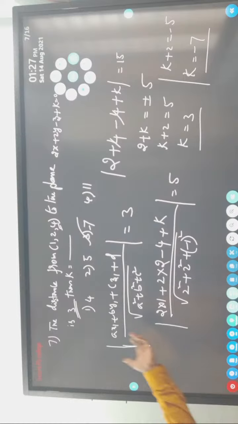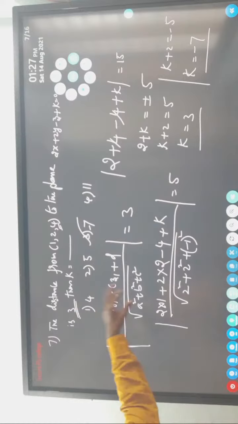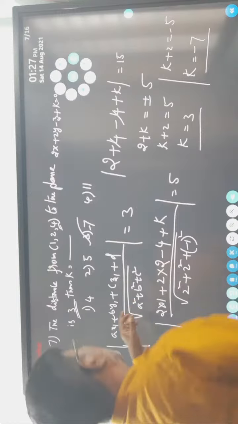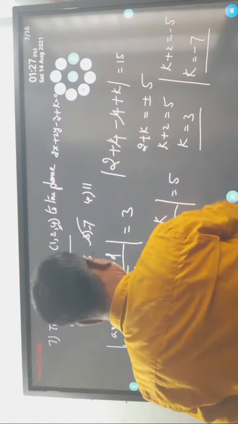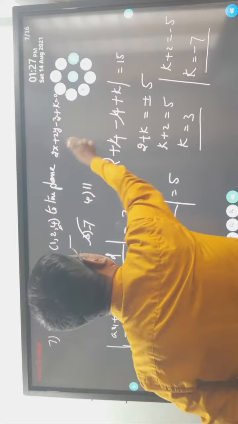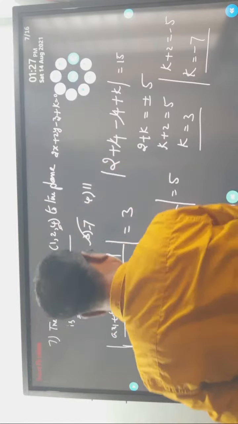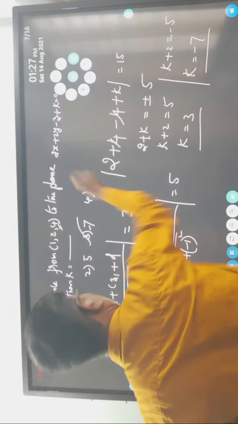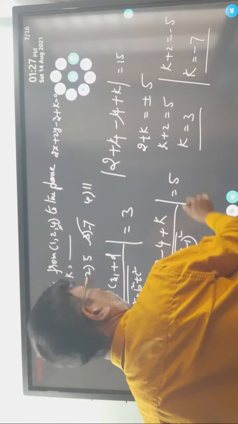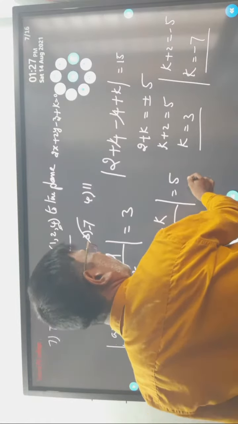So once again, applying the point 1, 2, 1: 2 into 1, 2 into 2, minus 4, plus k, over the root of 2 square, 2 square, minus 1 square, equals 5. This is 3 into 5, which is 15, right?